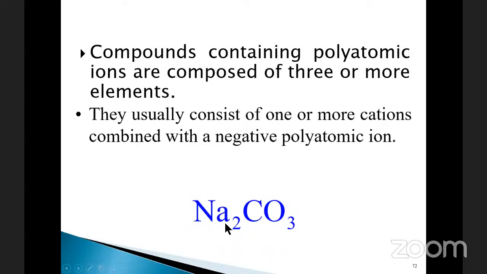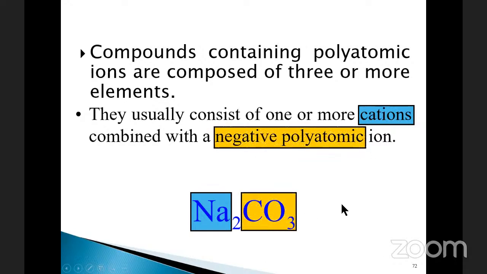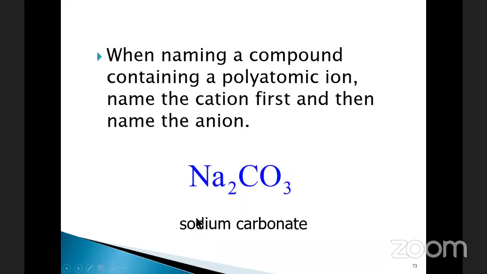And as you can see, you have the sodium here, which would be the cation, and then you have the carbonate ion here, which would be the polyatomic ion. So the sodium ion is monoatomic, but the carbonate ion is polyatomic, all right? So the sodium is the cation and the carbonate would be the polyatomic anion, all right?